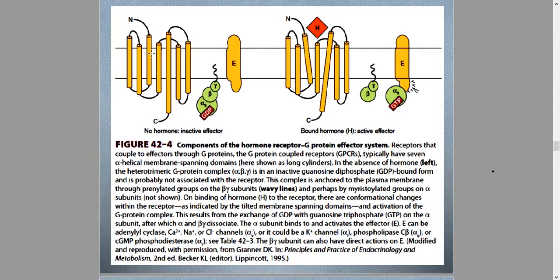These 7 cylinders represent the canonical alpha helical domains of the 7-TMS receptor that is important for recognizing group 2 hormones, for recognizing hydrophilic hormones. It's important to take note that it's not the receptor alone that is important for the process of signal transduction to occur as the hormone binds to it.